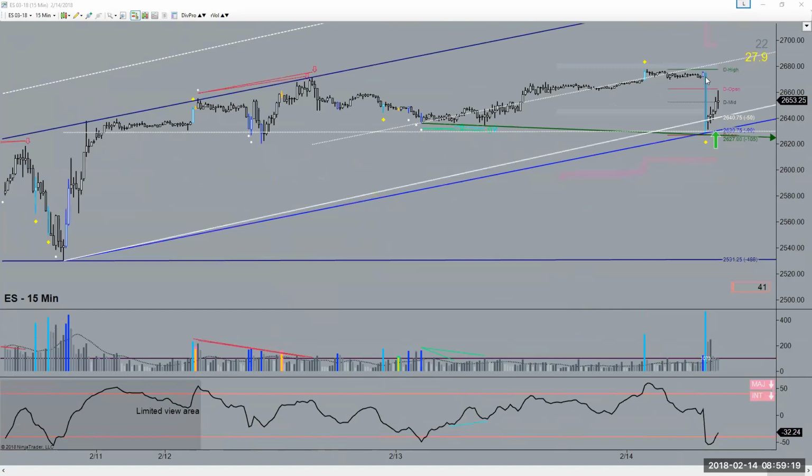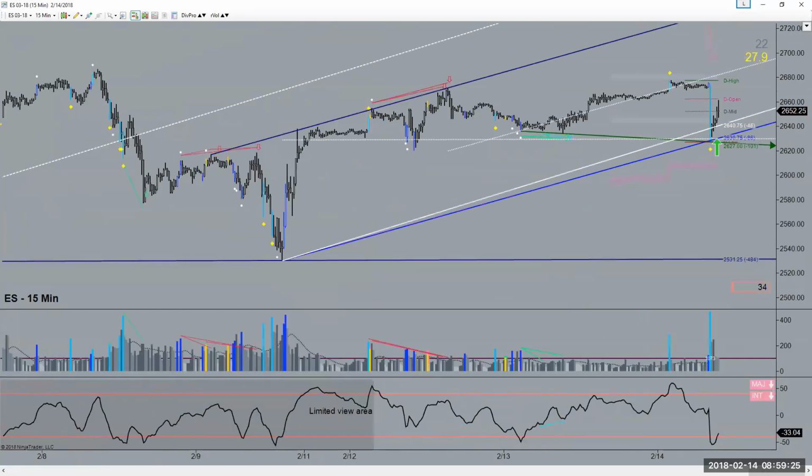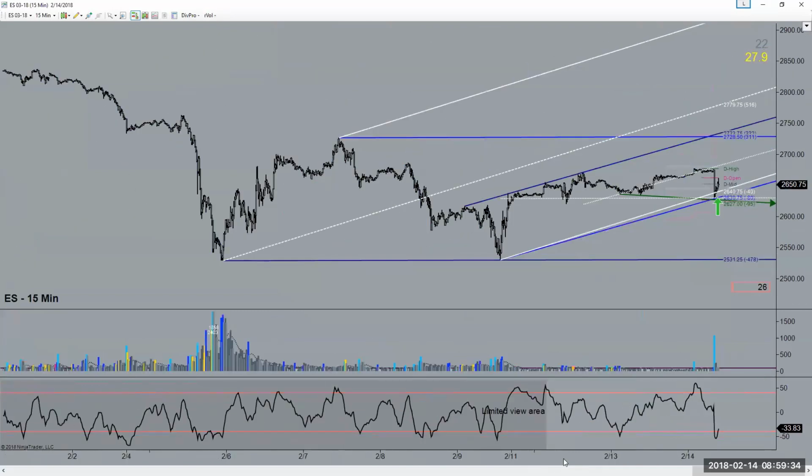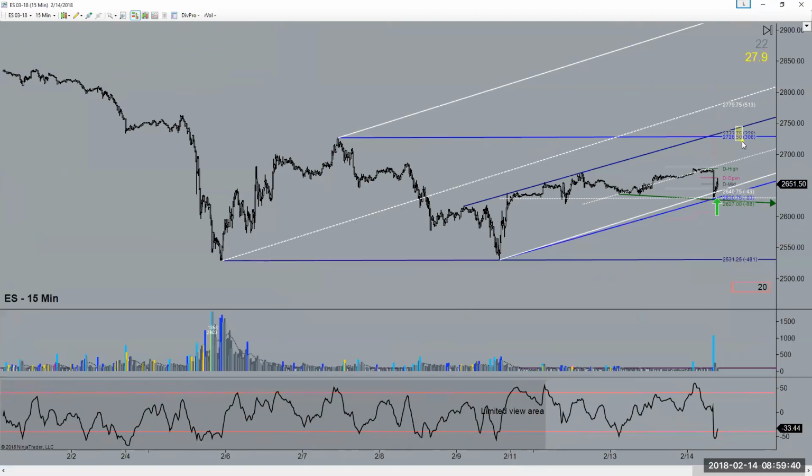Such a huge amount of volume got dumped right here before the open. I think the next wave will be at least up into here, but probably that center median line.